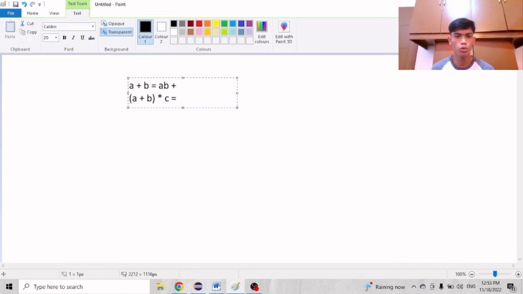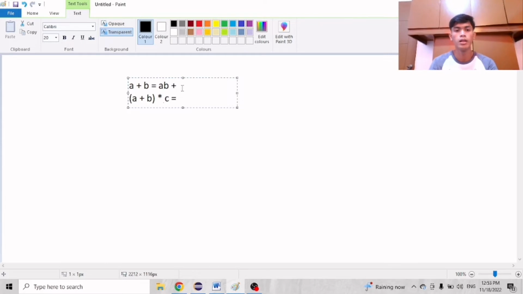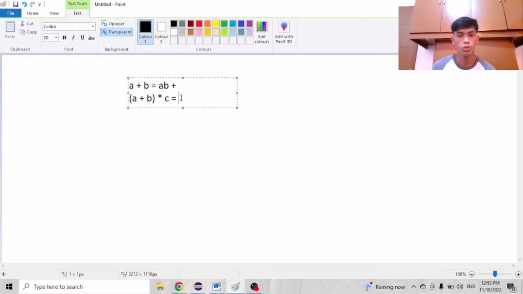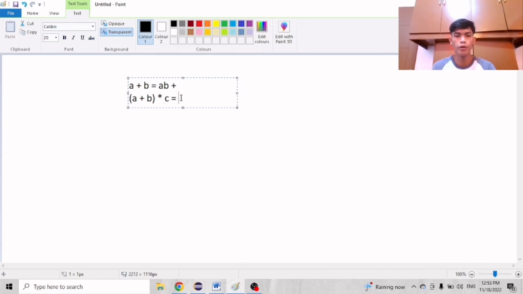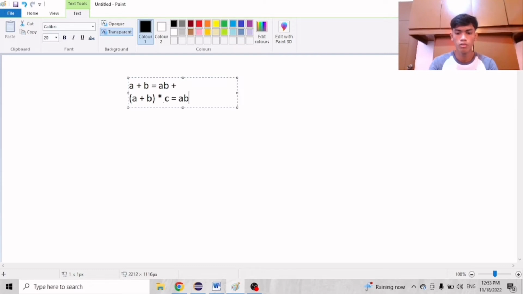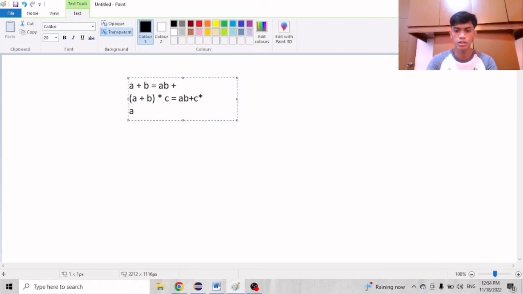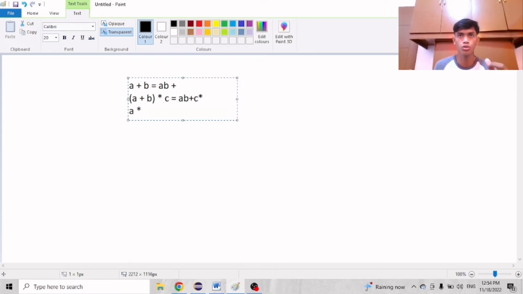The only thing we need to do to convert it into postfix is to put the operator after the operands. So AB plus and C multiplication. Another example here, lastly, before we go to the concrete example, is where we need to use the stack.